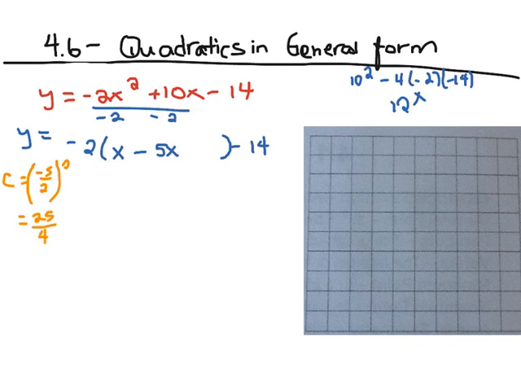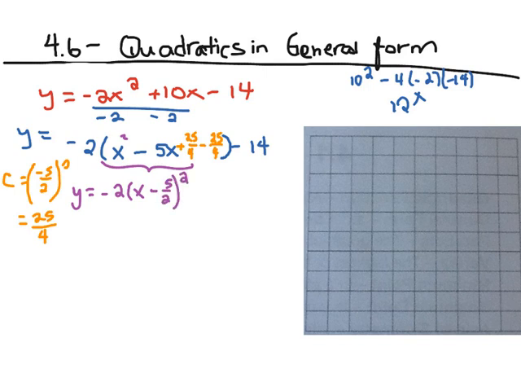So add 25 over 4, subtract 25 over 4. So our next step is y equals negative 2. Factor this polynomial and you get (x minus 5 over 2) squared.